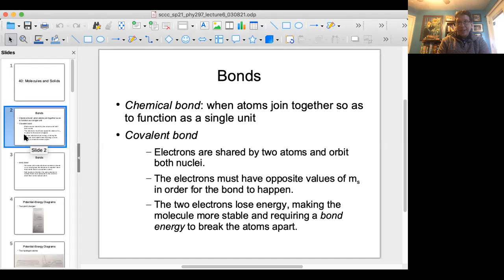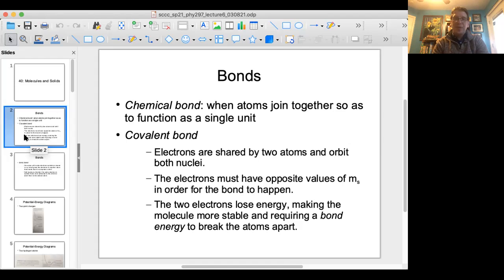So a chemical bond is when atoms join together so as to function as a single unit. There are two basic types of chemical bonds. There is a covalent bond where electrons are shared. So you think H2 or H2O, for example, O2 or O3, N2, molecular nitrogen. These are examples of covalent bonds: carbon dioxide, CO2, methane, CH4.